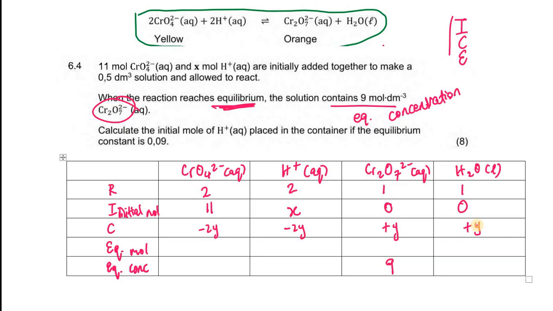We need some ice blocks. If we have information on this part, we can solve for y. Even here, if we had, we could try. But now we don't have anything on the equilibrium mole row. So what do we do? What do you think we're gonna do there?